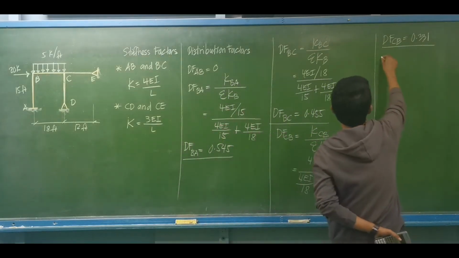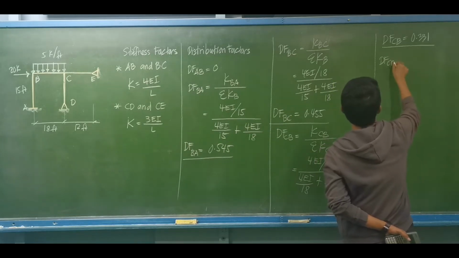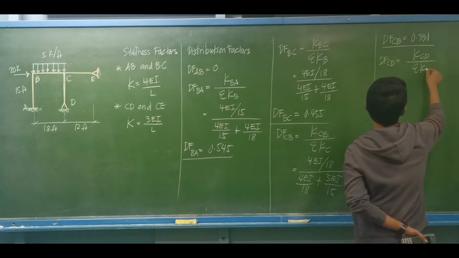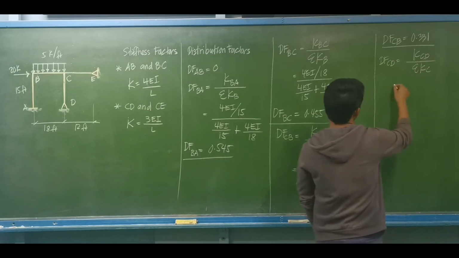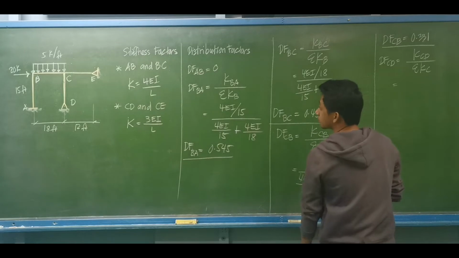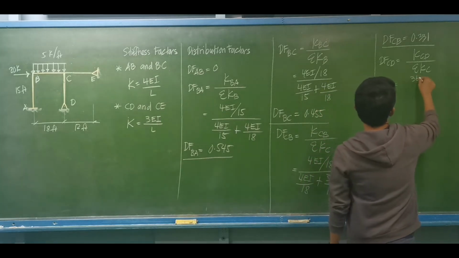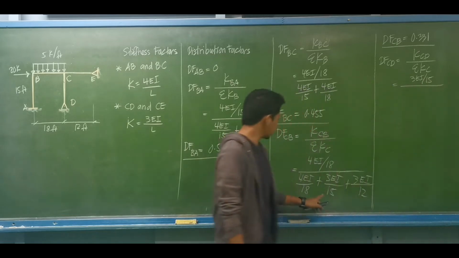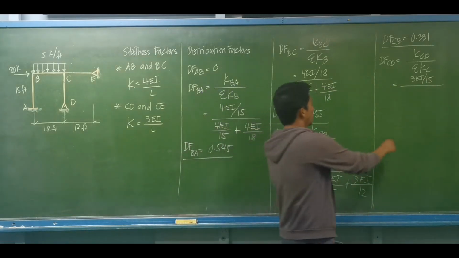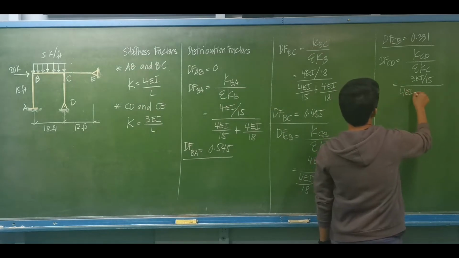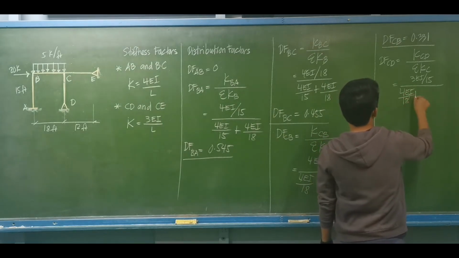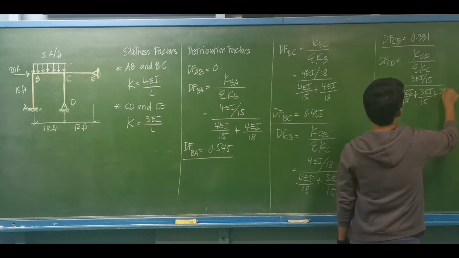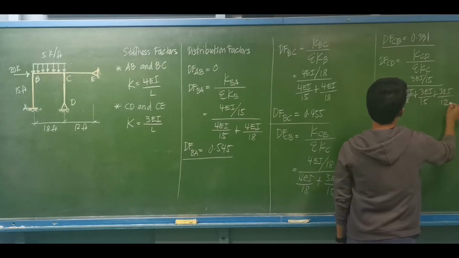Then we proceed to the distribution factor for member CD, which is equal to the stiffness factor of CD divided by the summation of the stiffness factors at joint C. For CD, we have 3EI divided by 15 feet, all over the same denominator as for joint C: 4EI divided by 18 plus 3EI divided by 15 plus 3EI divided by 12.